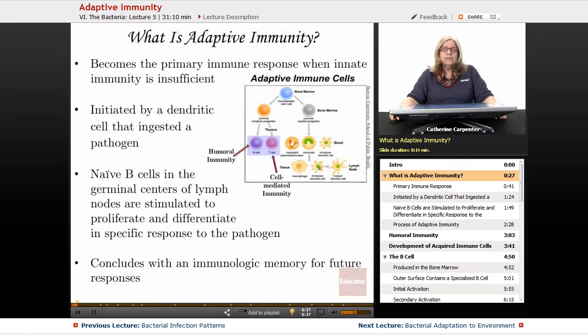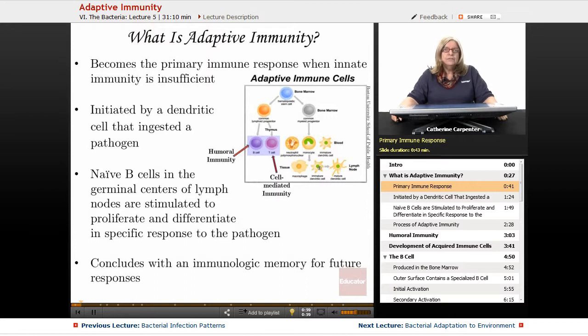So in terms of adaptive immunity, really, adaptive immunity is the immune system's way of creatively configuring and identifying brand new pathogens it has never seen before. That's one function. And it also has a memory bank.